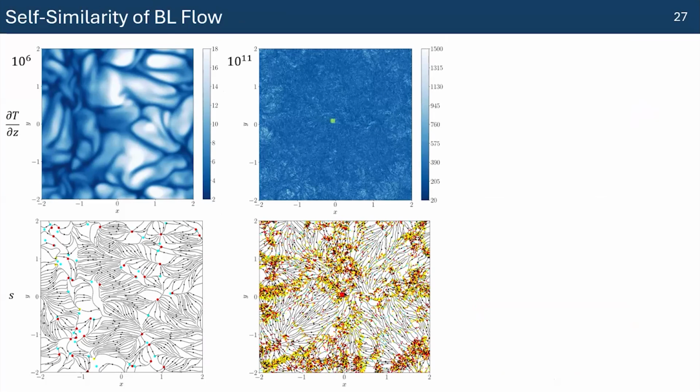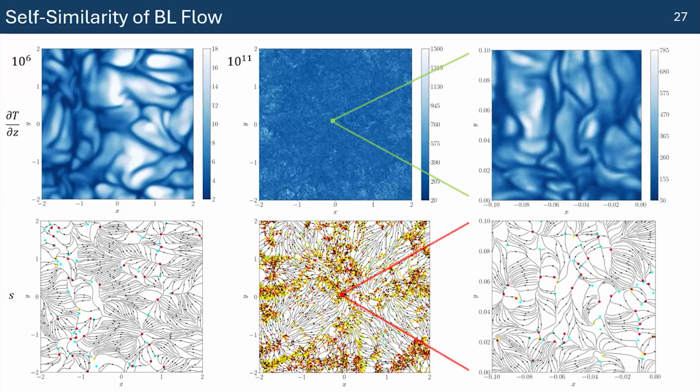But if we now take a small cell in the center of the box for 10 power 11 and zoom into it, then if we look at how the critical points and the temperature field look, it's very similar to what we see at 10 power 6. So at least in a qualitative sense, we see that there is a self-similarity of the flow. Though they are separated by several decades of Rayleigh number, we see that there is a similarity of the flow at the smallest scales.